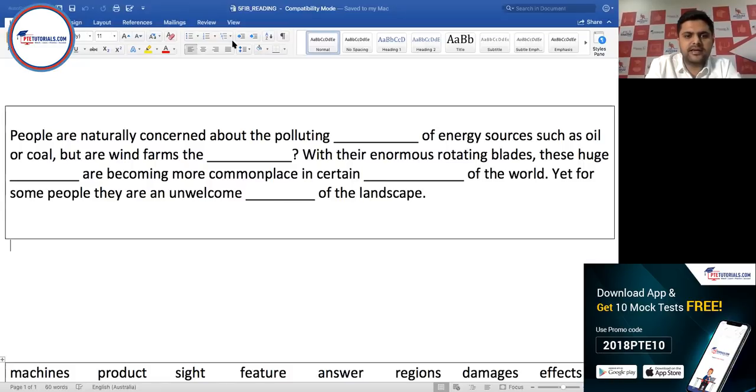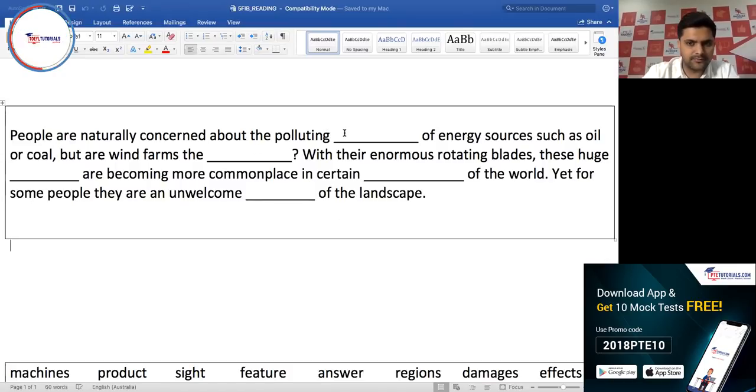And then we are also looking at the other part, which is wind farms. When we talk about oil or coal, we are talking about energy sources that are polluting, whereas wind farms are another type of energy source and they do not pollute. But there is another type of concern, that some people think that they are unwelcome in the landscape. So this is the general idea that we get reading this one.